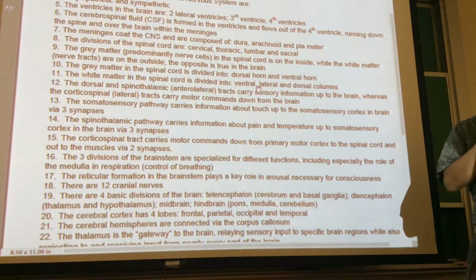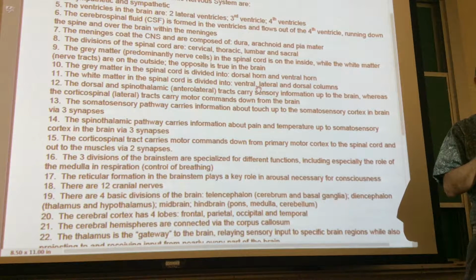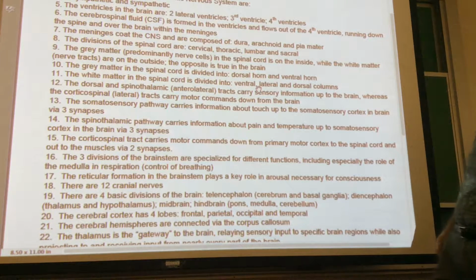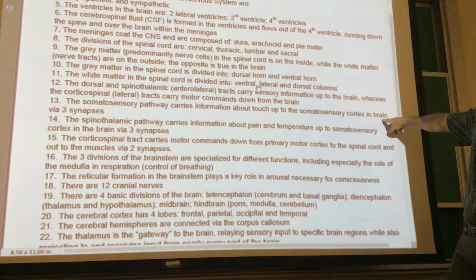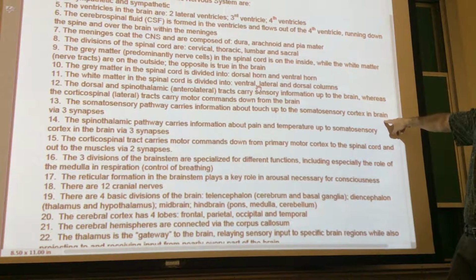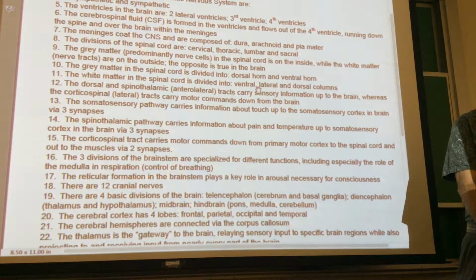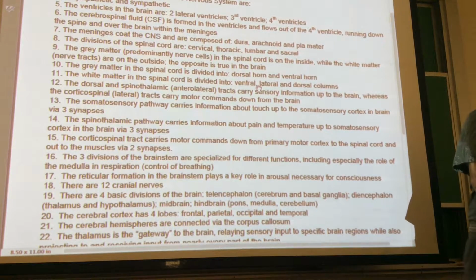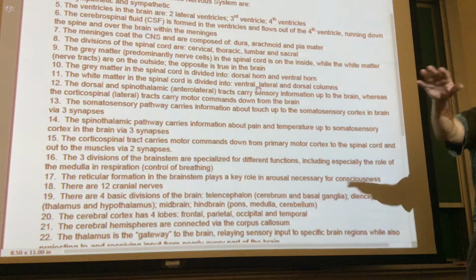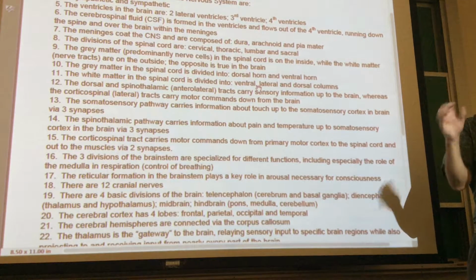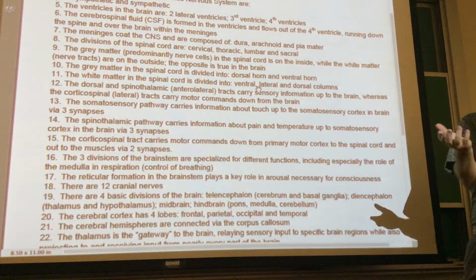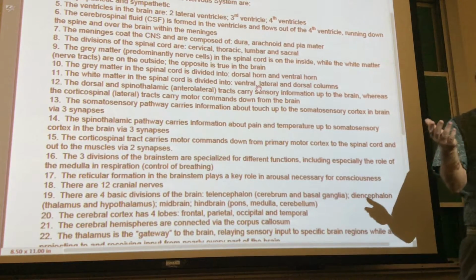So that information goes into the spinal cord, goes up the dorsal columns, and where does it stop? Remember? We can look at the picture in a minute. So with somatosensory, that's the touch and pressure, okay? Sometimes called proprioceptive.